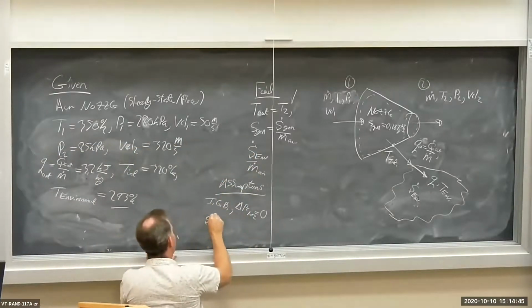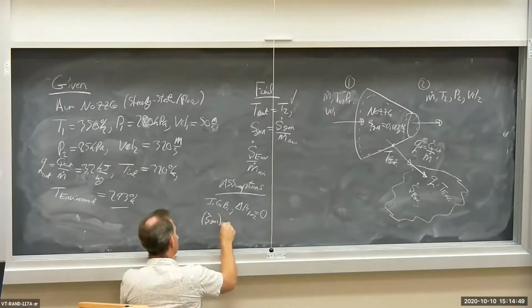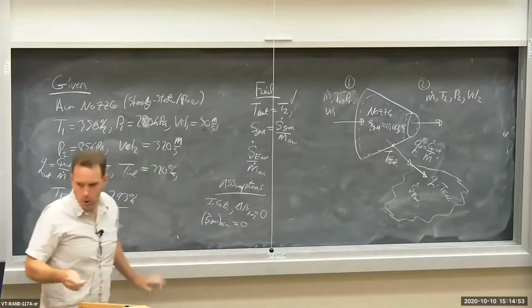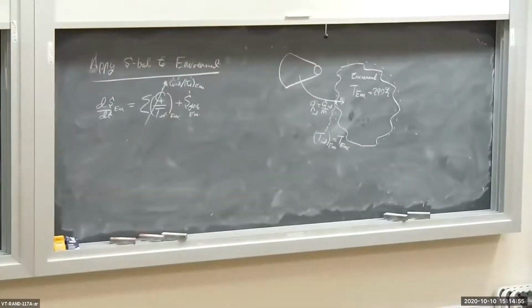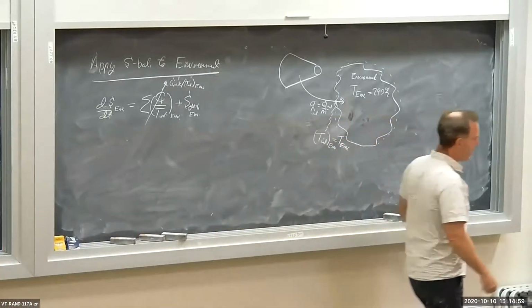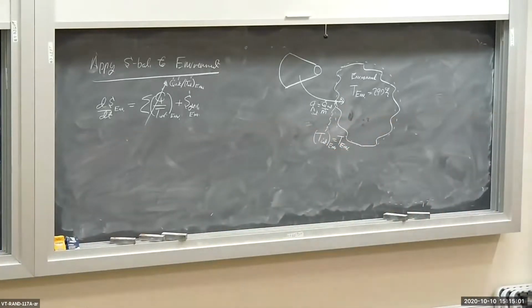Or if you like, S dot gen in the environment is 0. The temperature is uniform in the environment. I don't have the information about any weird pressure drops or any frictional processes. I got no information, okay?